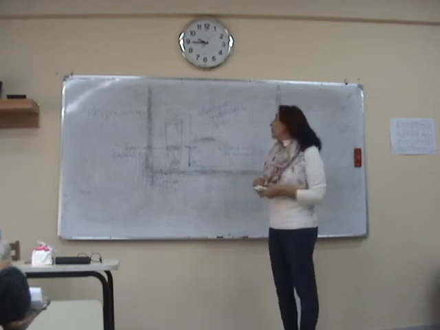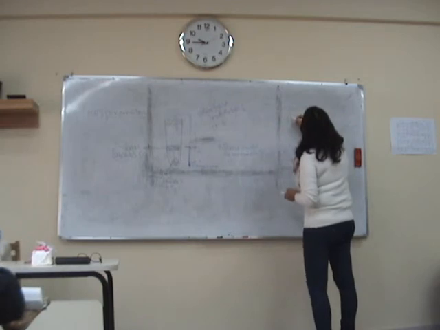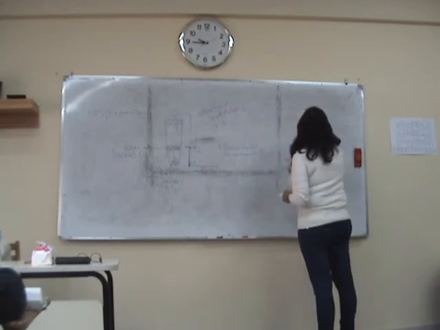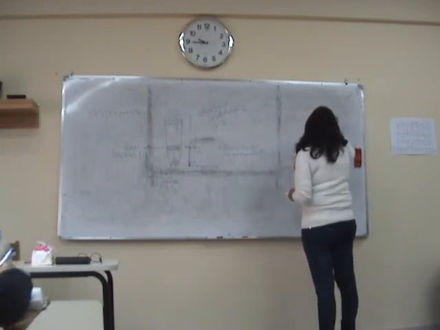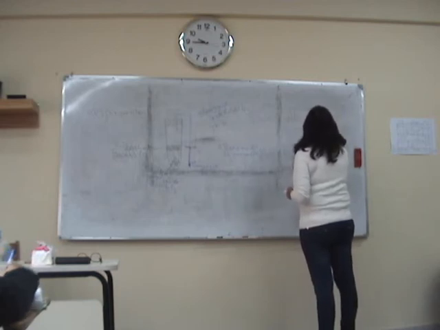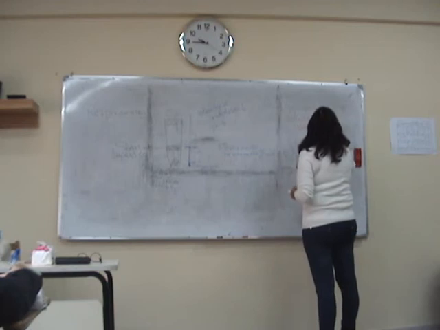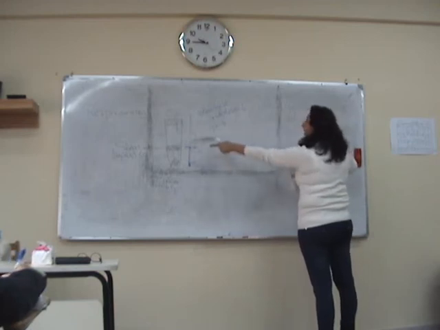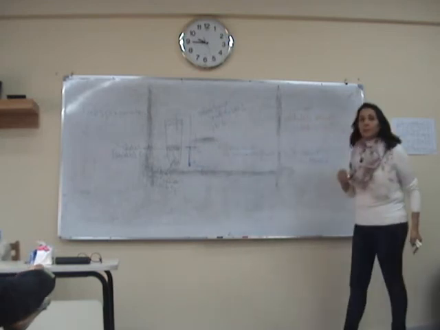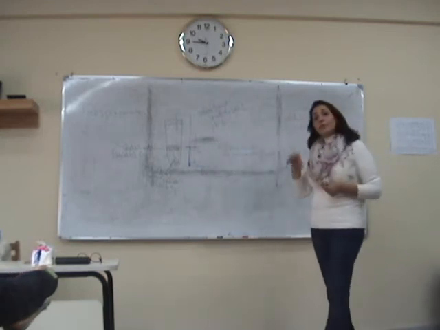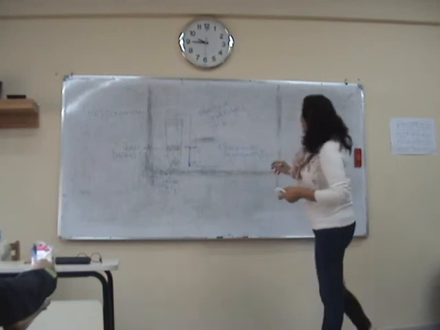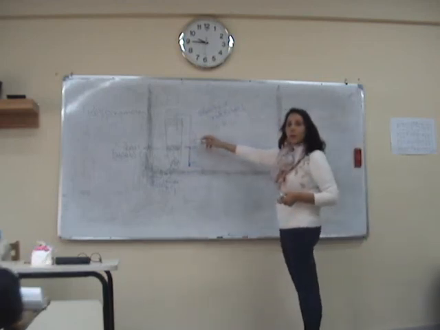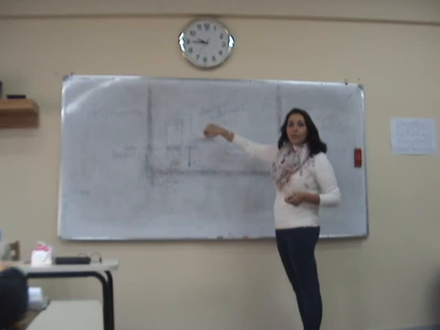Okay, if I want to calculate the volume of oxygen used, it's going to be the distance moved times the cross-section area of the capillary tube, pi r squared. Now, when I ask for the volume of oxygen used, you multiply the distance moved by the cross-section area of the capillary tube.